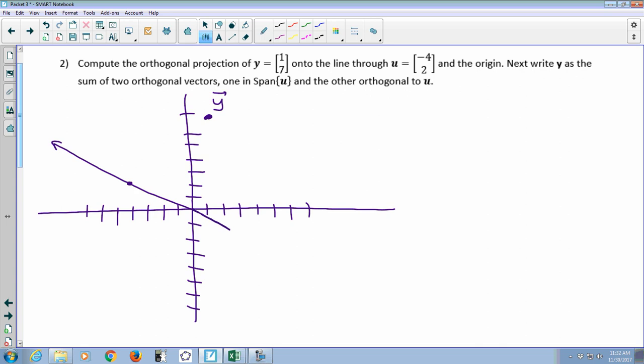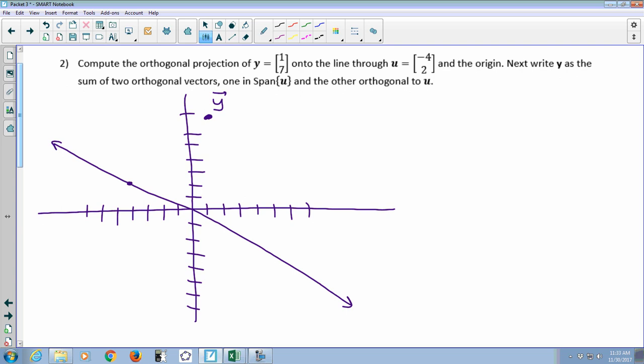And any vector on this line is in the span of u, right? Any multiple of -4, 2 will be on that line. So what they're asking me to do is to write y as the sum of 2 vectors. They're going to be orthogonal to each other, one of which is in the span of u, and the other is perpendicular to u.